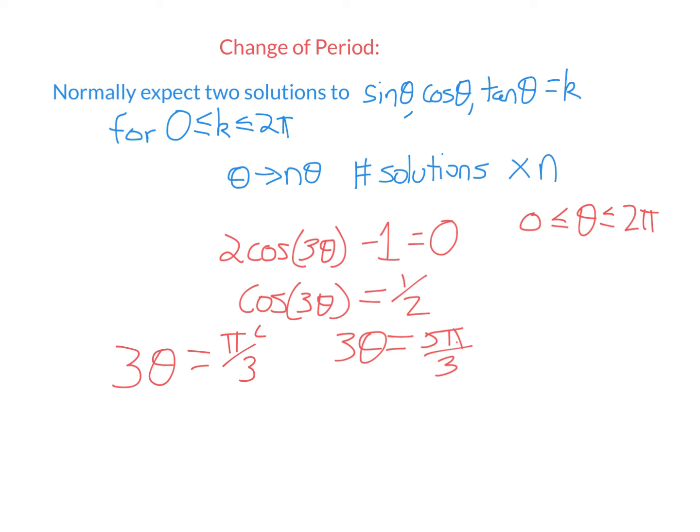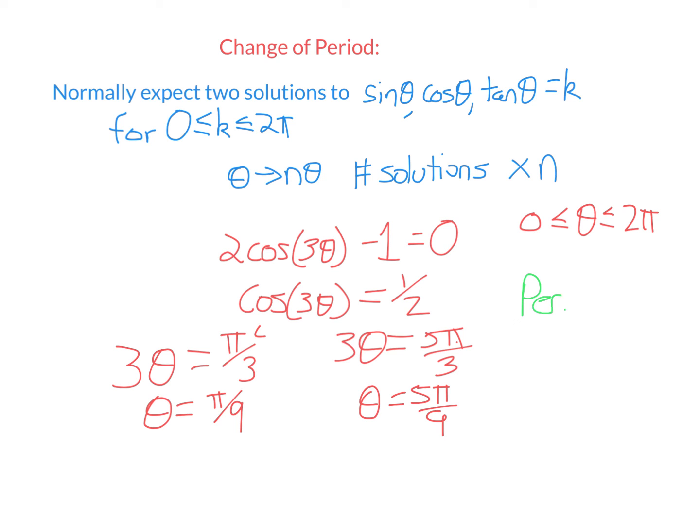So if 3 theta equals pi on 3, theta is going to be pi on 9. And if 3 theta is 5 pi on 3, then theta will be 5 pi on 9. So I've got two solutions between 0 and 360. There are actually 4 more. How do I find those solutions? What I'm going to do is use the period.